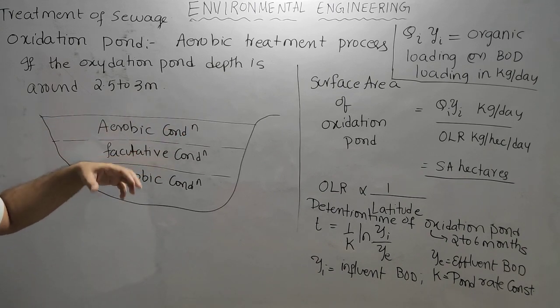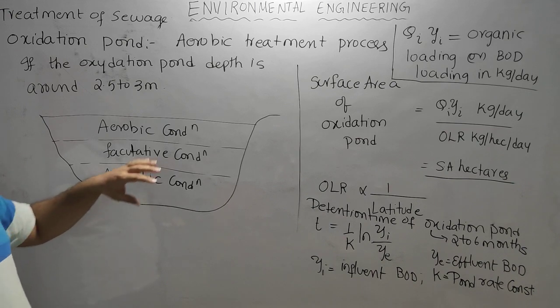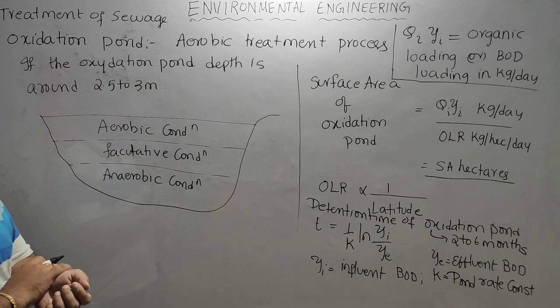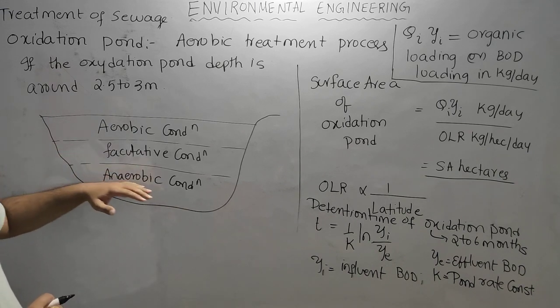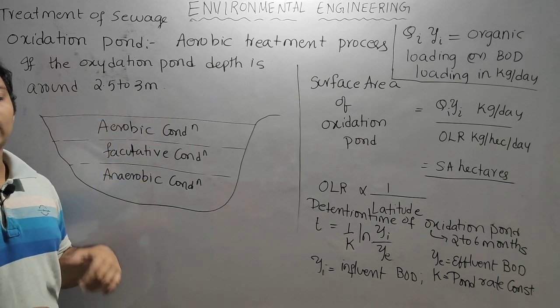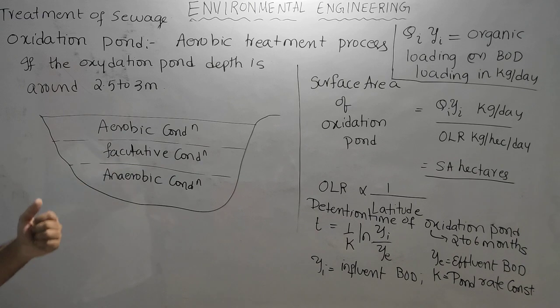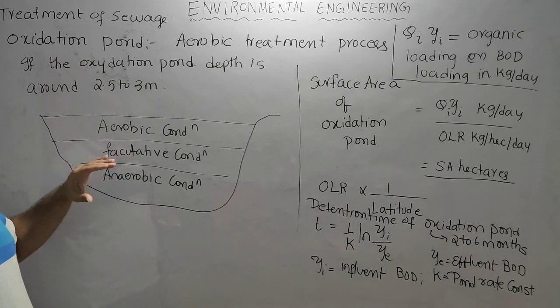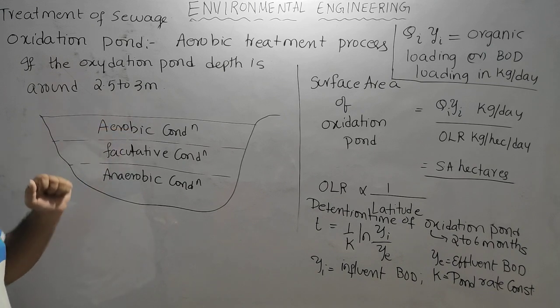They will be trapped inside and used by the aerobic bacteria as their energy source. So the CH4, methane, which is evolved in this layer will be utilized in the top two layers, so that the degree of removal and effectiveness will be more, and the sludge generated will be less. So anaerobic treatment in the oxidation pond is also possible.